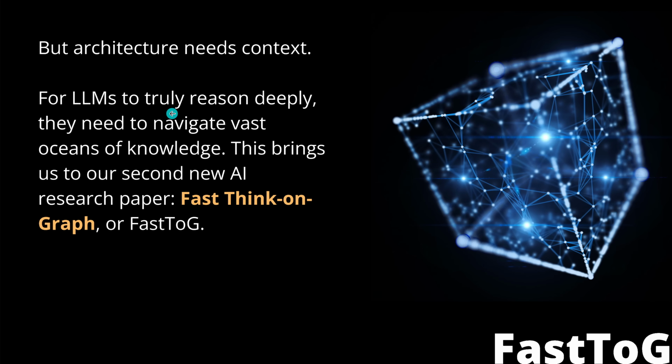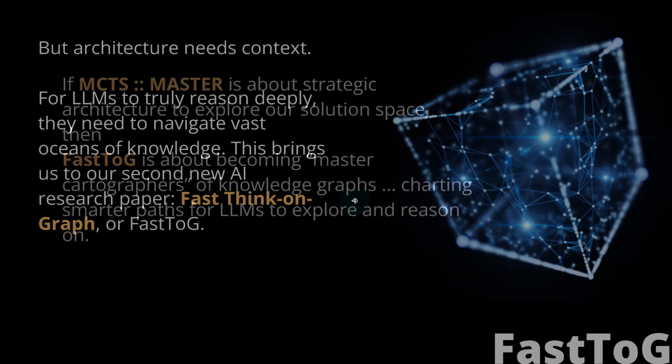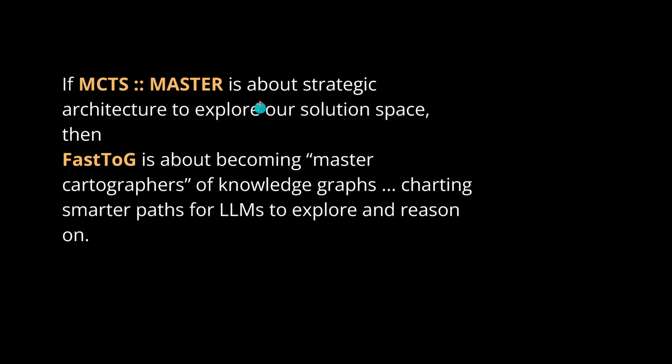So for LLMs to truly reason deeply, they navigate vast oceans of knowledge. And this brings us to our second new AI preprint, Fast Think on Graph. Yes, we're going to talk about 2 publications I've chosen that were published today, but they fit perfectly together, and I will explain in a moment why. So we have our Monte Carlo tree search MASTER.